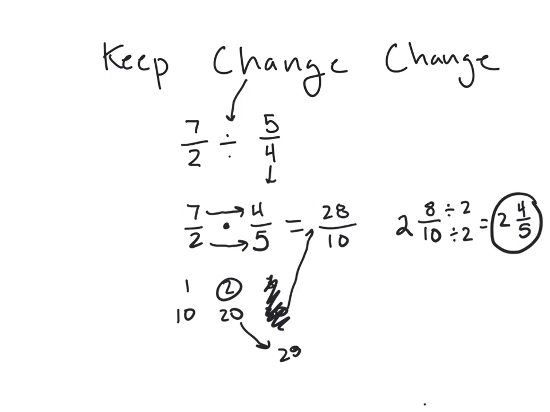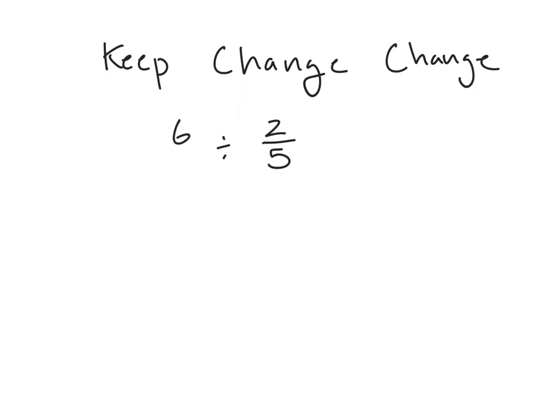And then we'll do one more just to remind us of the whole number. So here's a new one. Our new whole number is 6 divided by 2/5. Remember, with whole numbers, we just put a 1 underneath it. Everyone's got an imaginary 1 under there. So 6 over 1 divided by 2/5. It's a division problem, so I keep, change, change. I'm going to keep 6 over 1. I'm going to change divide to multiply.